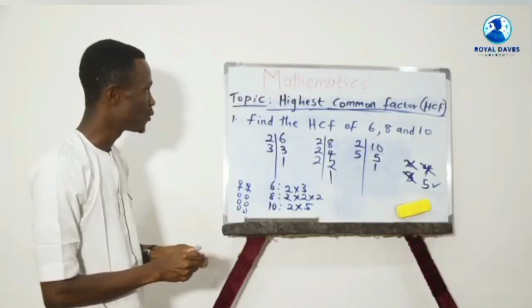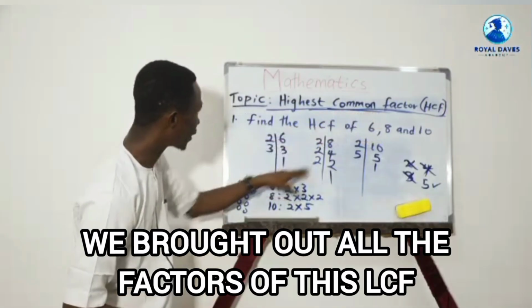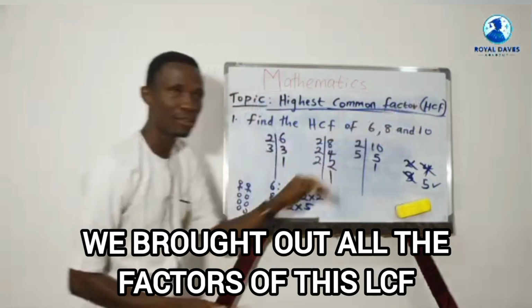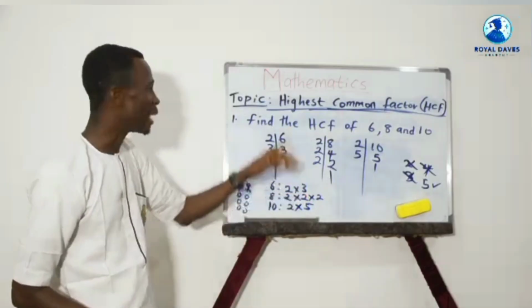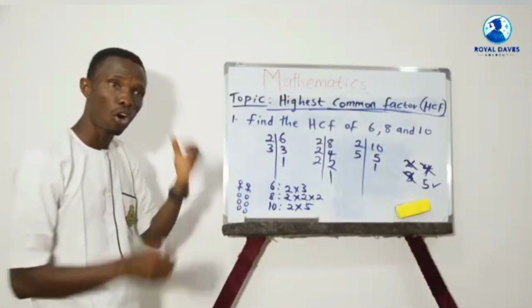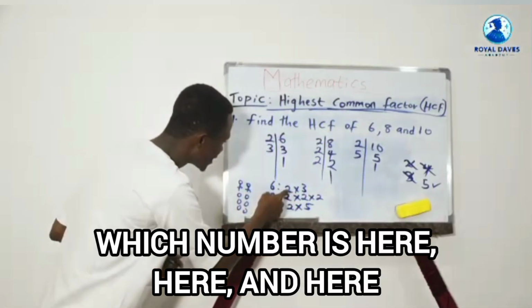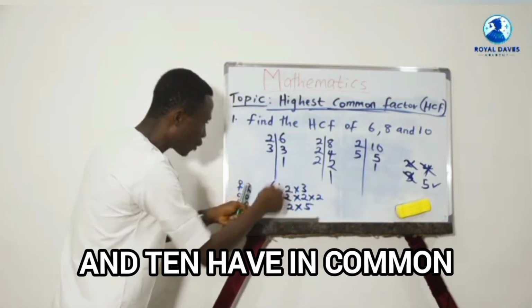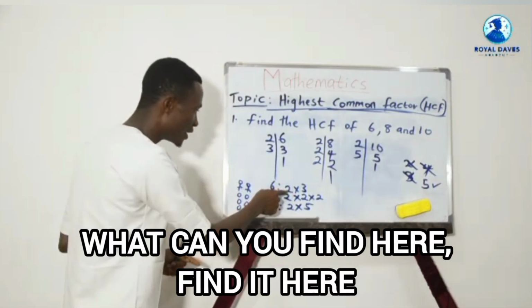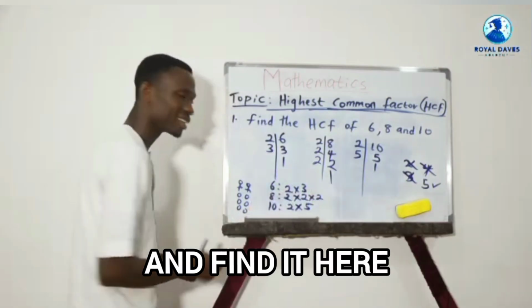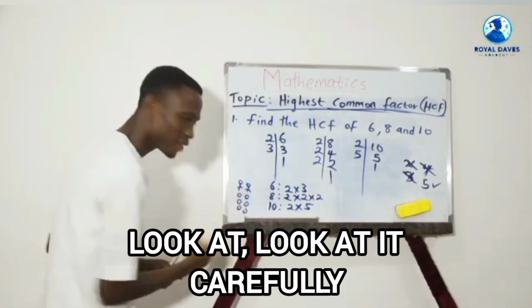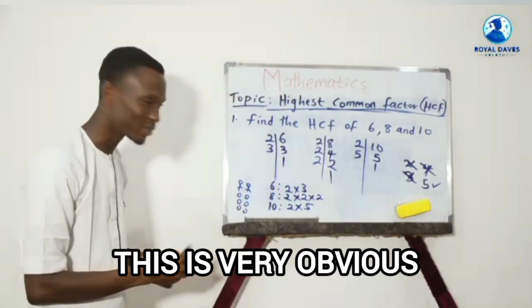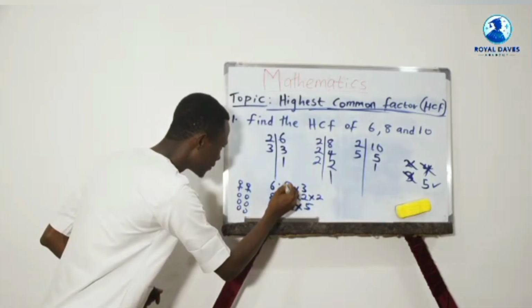So what do we do next? We have brought out all the factors. Now we look at the common factor. Common factor simply means which number is here, here, and here. What do 6, 8, and 10 have in common? Look at it carefully. It's very obvious. Look at 2.